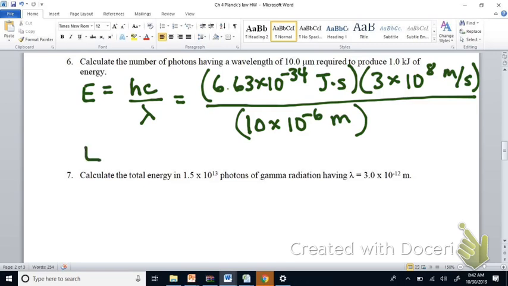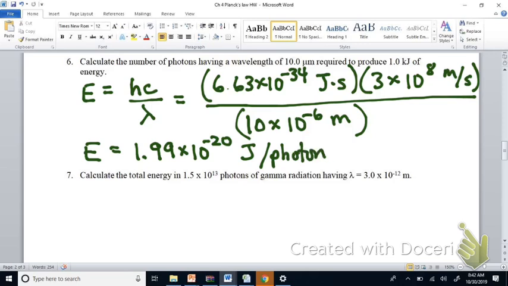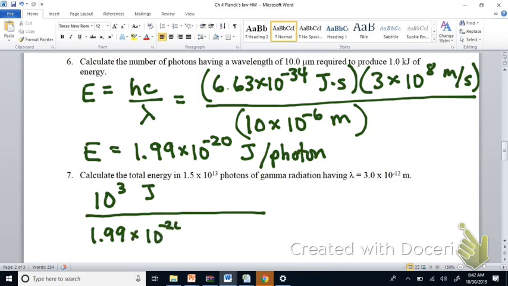So we come up with an energy of 1.99 times 10 to the minus 20 joules per photon. Well, we want to produce an energy of 10 to the 3rd joules. So we're going to divide this by 1.99 times 10 to the minus 20 joules per photon.